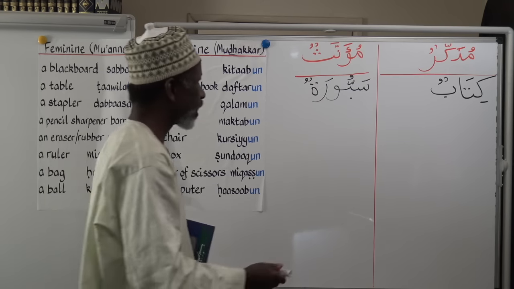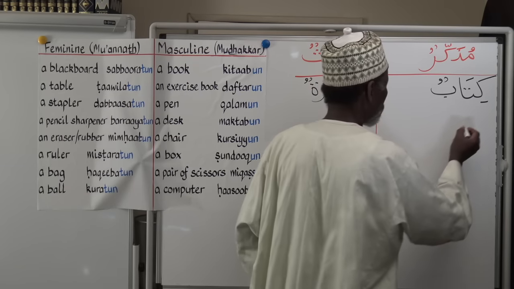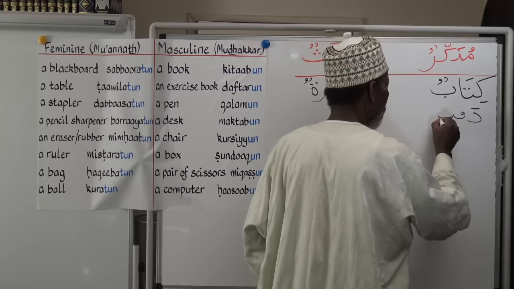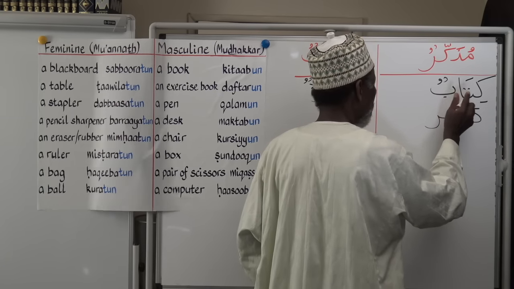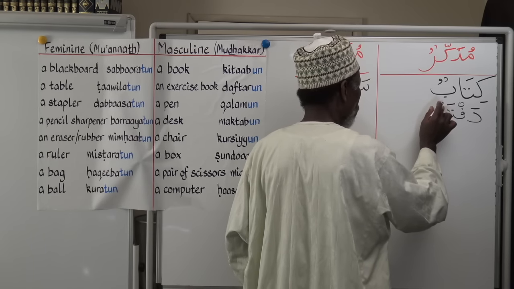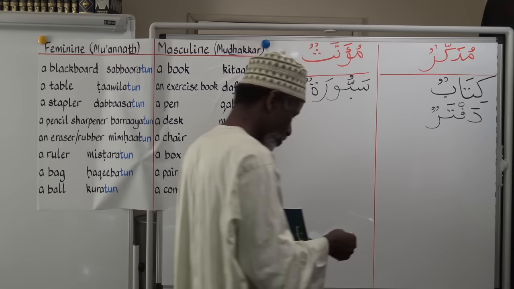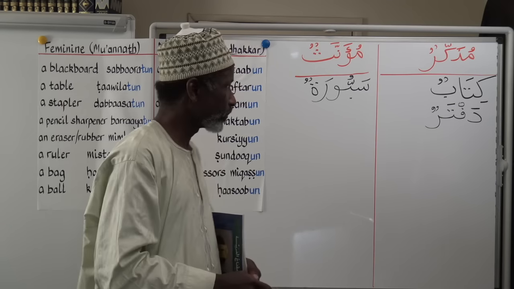One more. The next under the mudhakkar list is daftarun. Sukun, ta, and run. Daftarun, an exercise book or notebook.